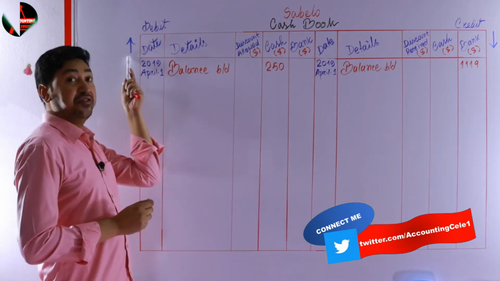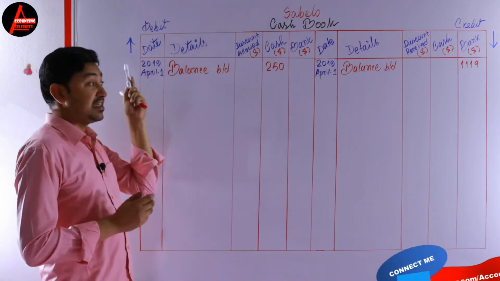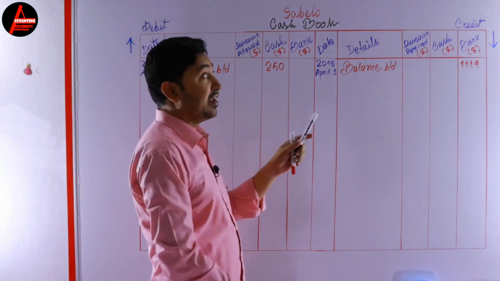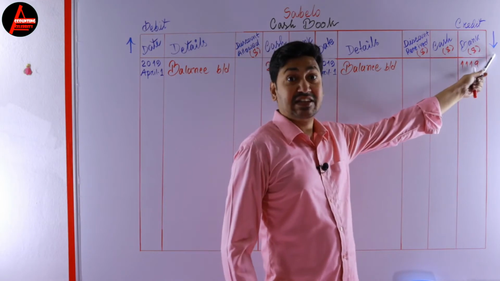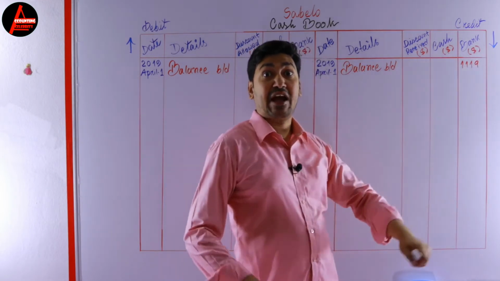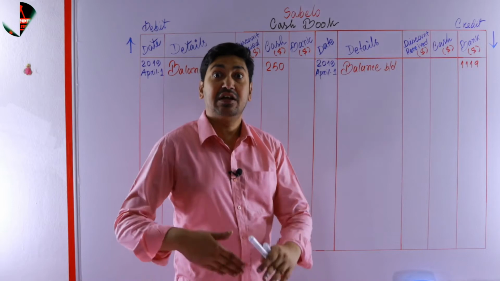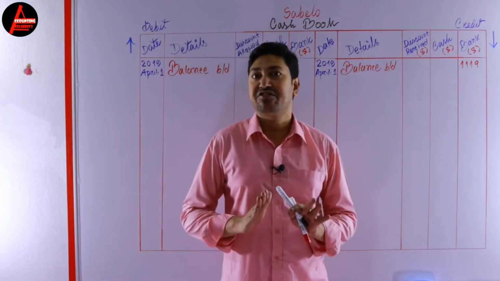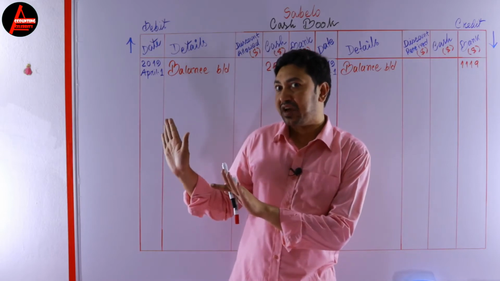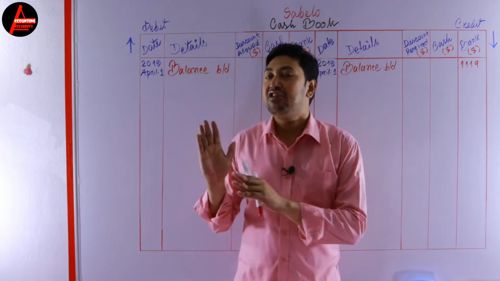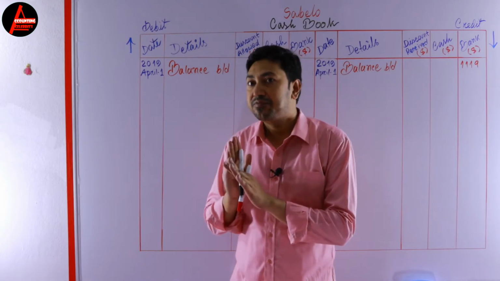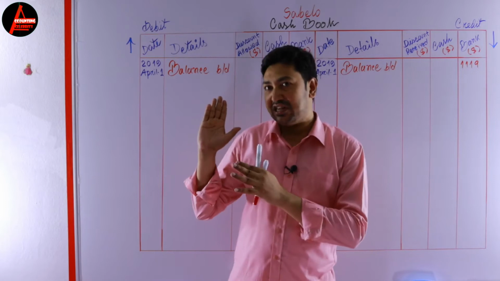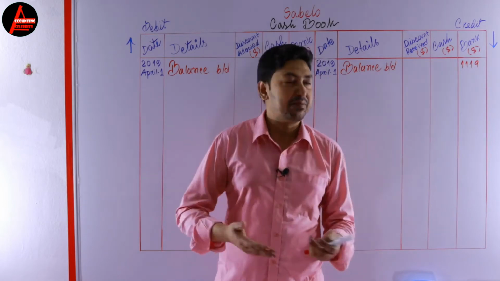And if your cash balance or bank balance decreases, then you have to record it on the credit side. If you understand these two simple things, increase and decrease, your cash book is 50% done. Now you just have to record the transactions to complete the other 50%.